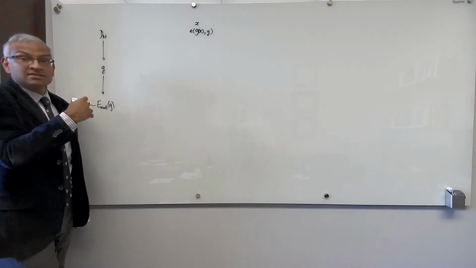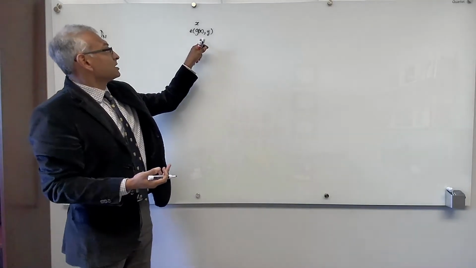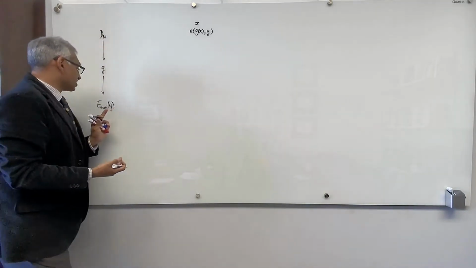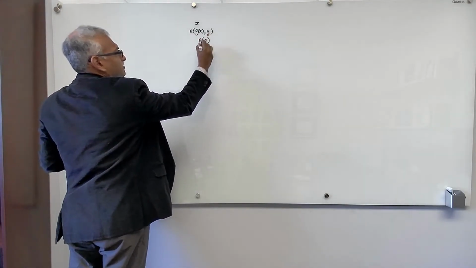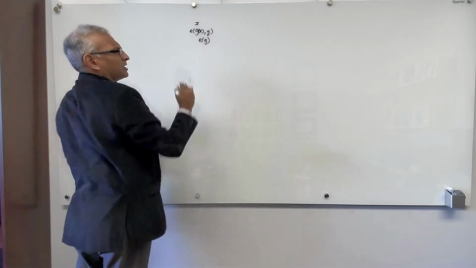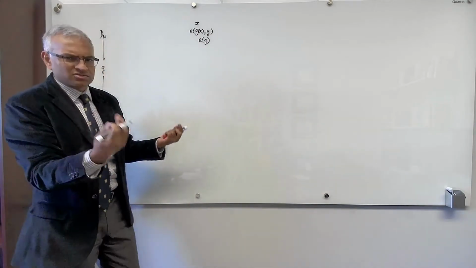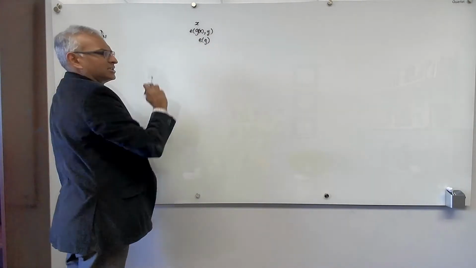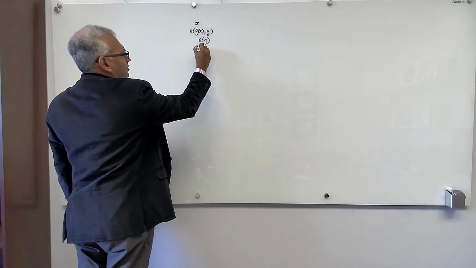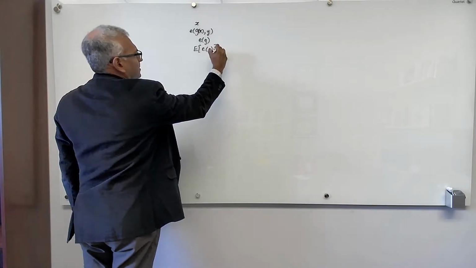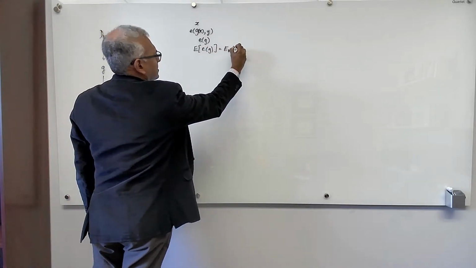This is in some sense an estimate of the out-of-sample error of G. So let's call this E of G. I'm ignoring the fact that X and Y are randomly generated data points. It's really the error that G makes on a test point. And the expected value of E of G is equal to E out of G.